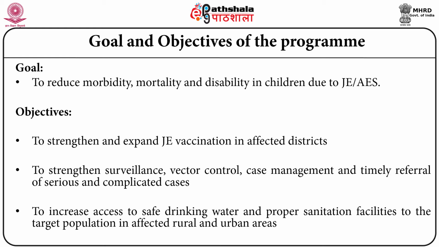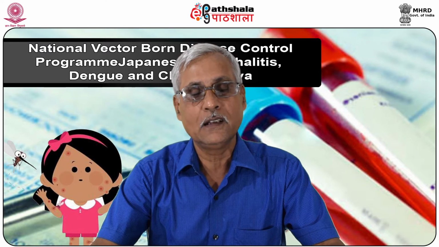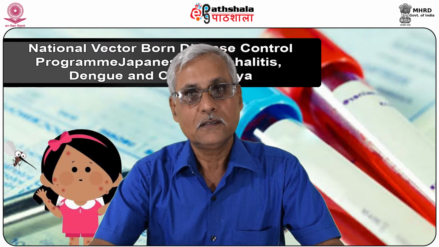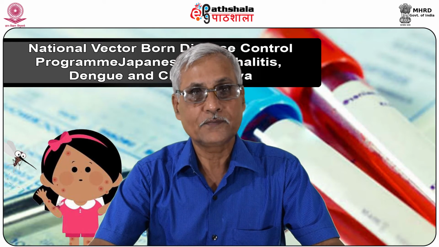Safe drinking water and proper sanitation will take care of particularly those cases. One is that with proper sanitation, particularly of the breeding sites, the breeding will be less, and more important is that it will take care of those AES cases which are not caused by Japanese encephalitis.